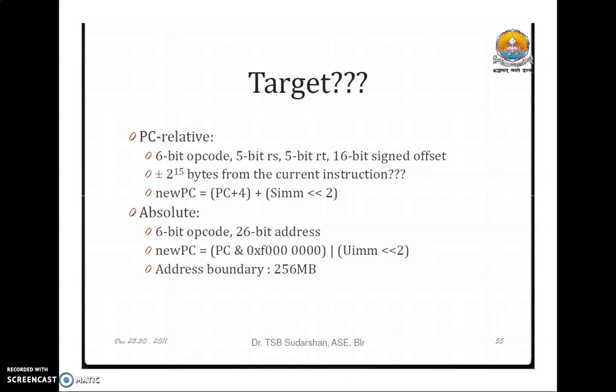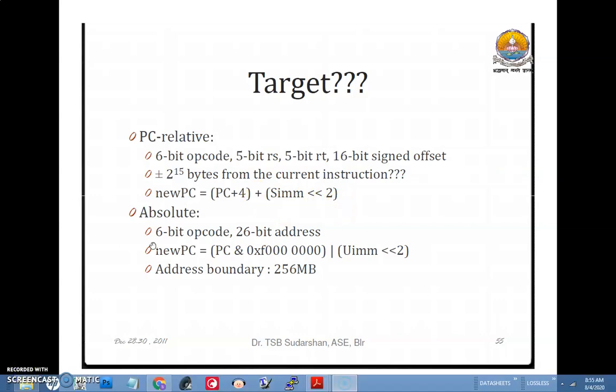So whatever value we give as part of the instruction in the place of offset gets multiplied by 4 to convert it into a word address, and that is added to the PC to get the new PC value. So new PC value is equal to PC plus 4, which happens immediately after an instruction fetch. To that we are adding the signed immediate multiplied by 4.